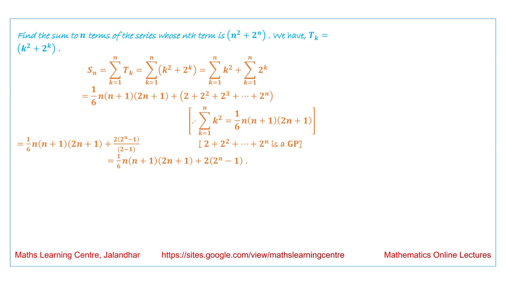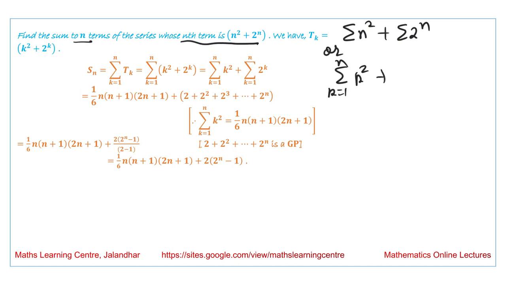Next is find the sum of n terms whose nth term is this. So we have to calculate the value of sigma n square plus sigma 2 raised to the power n, or we can write it as sigma k is equal to 1 to n k square plus sigma k is equal to 1 to n 2 raised to the power k.